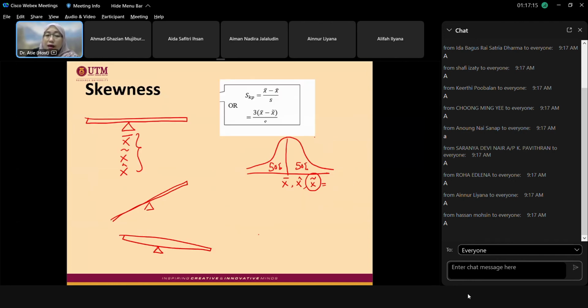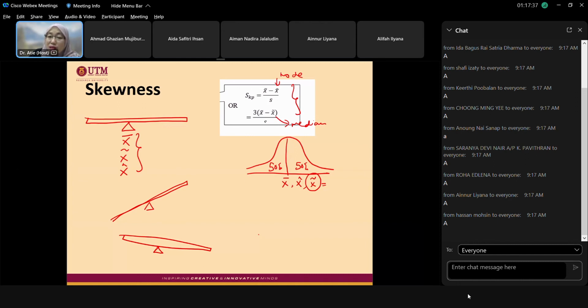This SKP formula uses two different measurements. If you can see, the first one uses the mode, and the other one uses the median, right? So you can use either one, as long as you have the value.